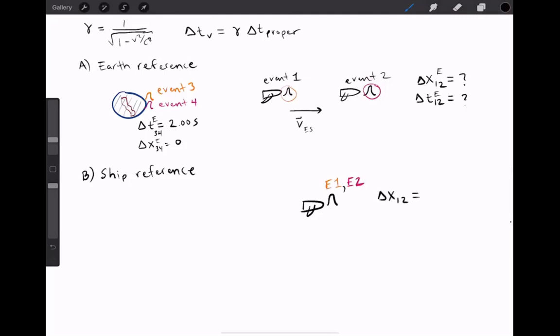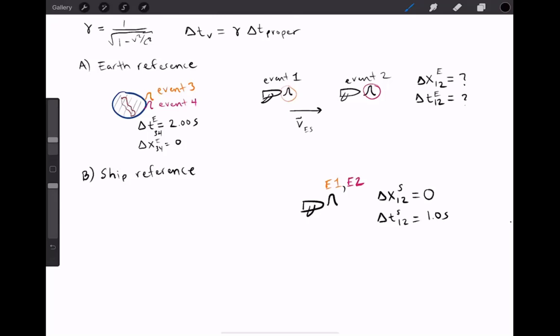Or are they happening in the same place? Because it's happening out of the chip, right? Is it 0 or is there a space separation? So there's no separation. All right. How about the time separation? There is time separation. And how much is that? Was it 1 second? Exactly. All right, so now we have that 1 second.